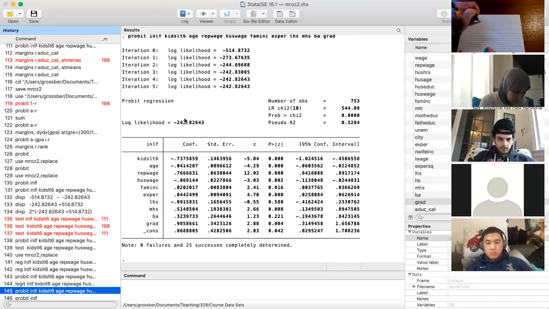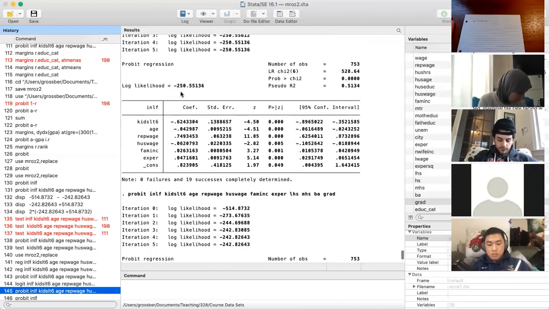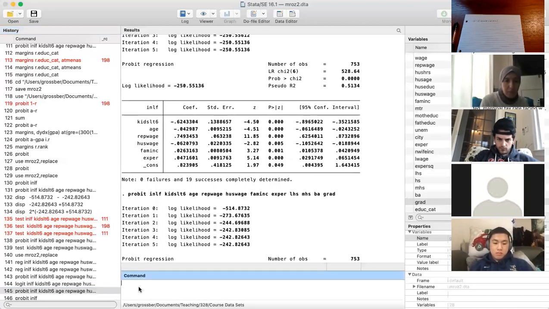That's -242.82643 minus the constrained log likelihood, -250.55136. I want Stata to tell me what this value is. And so what I'm going to do is to use this display function. I don't know if you've seen this before.